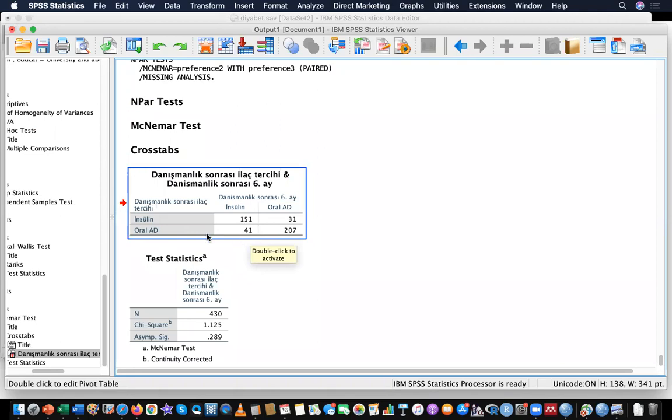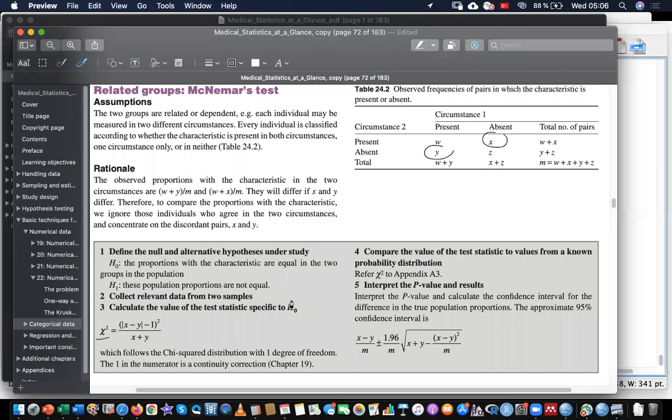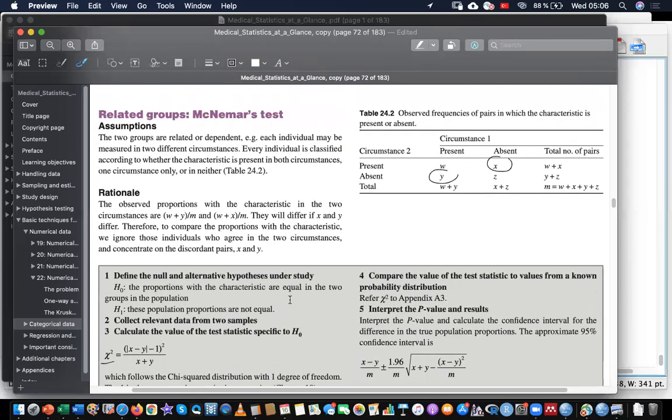Although some people, 41 people, switched from insulin to oral antidiabetics, there are also 31 people who switched from oral antidiabetics to insulin. So it had no effect. The effect is non-significant. There is no significant effect in changing the opinions of the people.